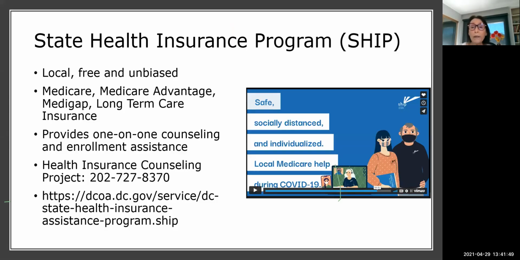So what I would suggest is that you contact what we call the State Health Insurance Program. This is a program that is in every state and every district, and there is one in DC specifically for you. These people are volunteer counselors for the most part, very well trained, and very knowledgeable about all things Medicare and Medicaid.